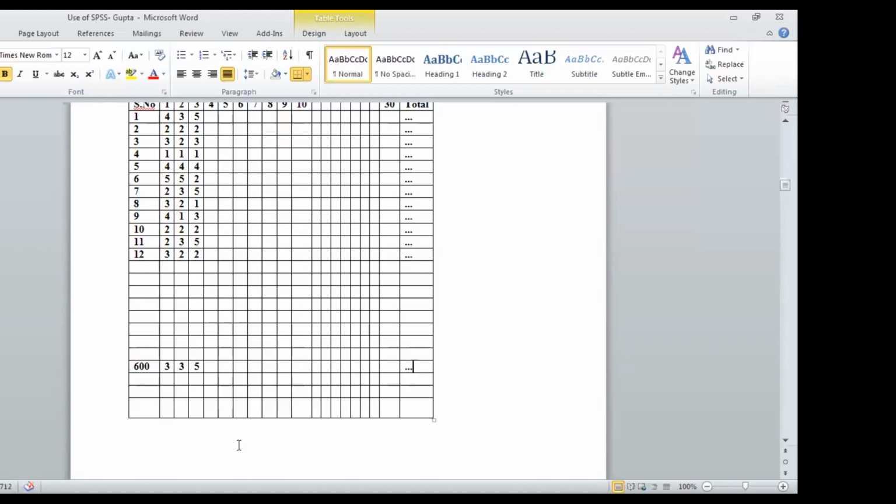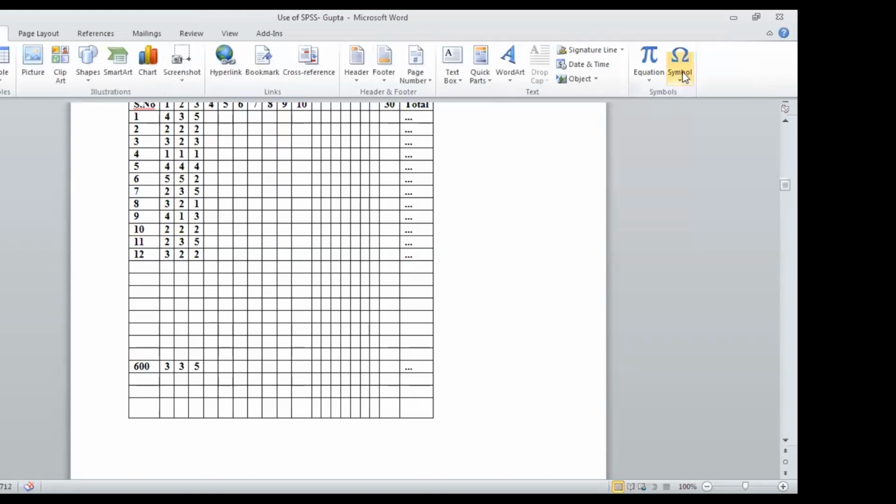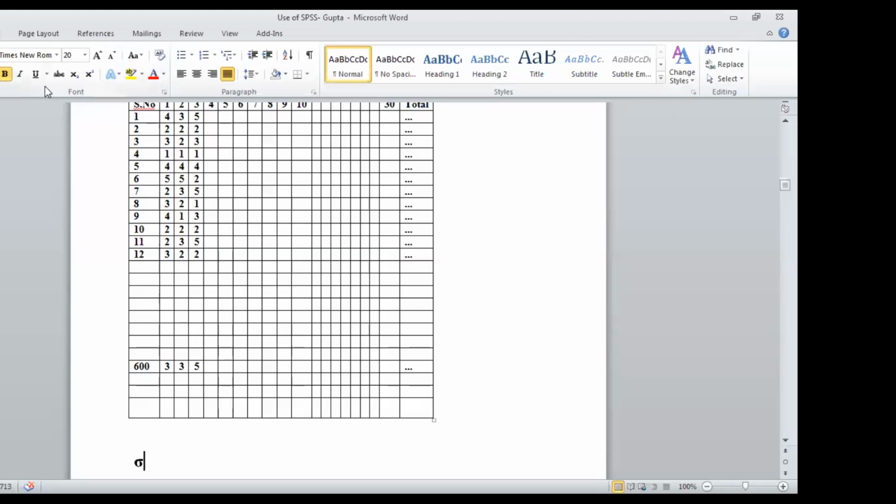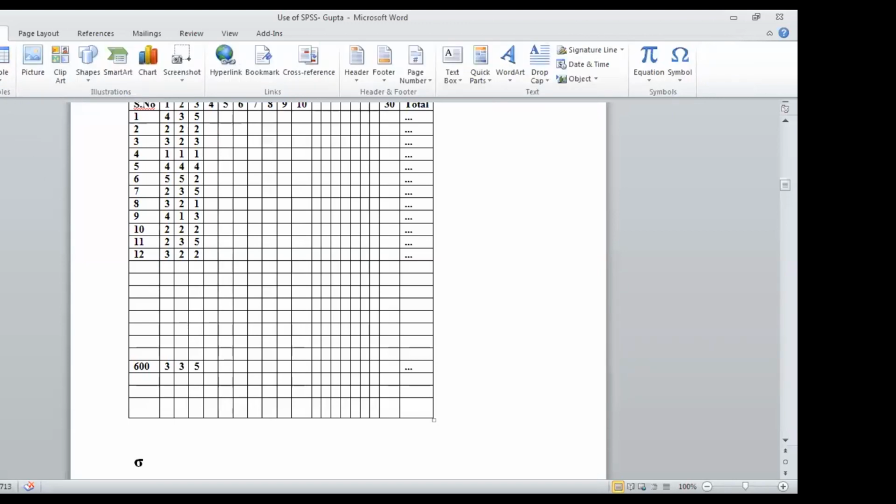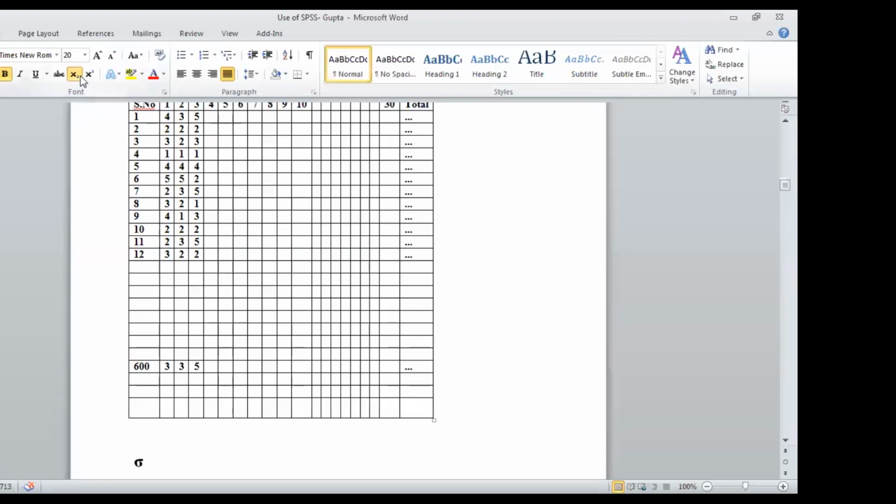Now from these total scores, you can find out the standard deviation. And therefore, you can find out the total standard deviation. So this total standard deviation from the scores. We have understood it.